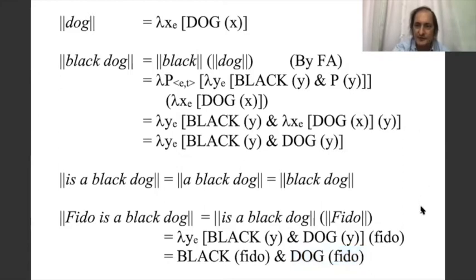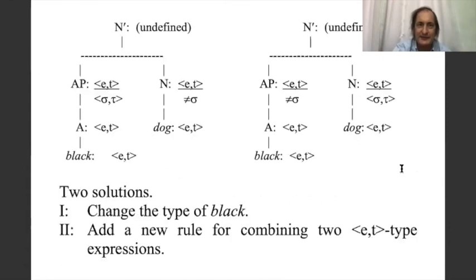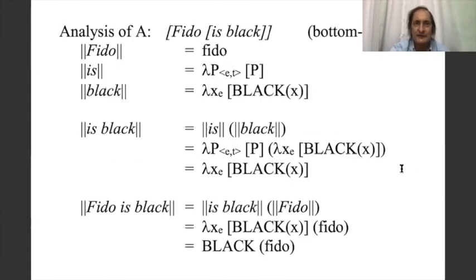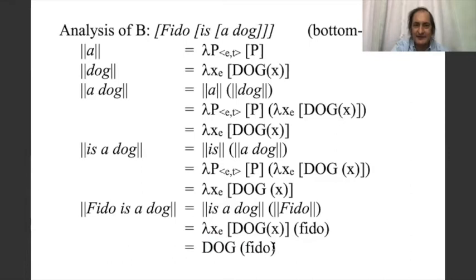Now, if you want to go through those separately, I've given the analysis of "Fido is black" here, and this is the result of that analysis. And I've given the analysis of "Fido is a dog" here, and this is the result of that analysis.